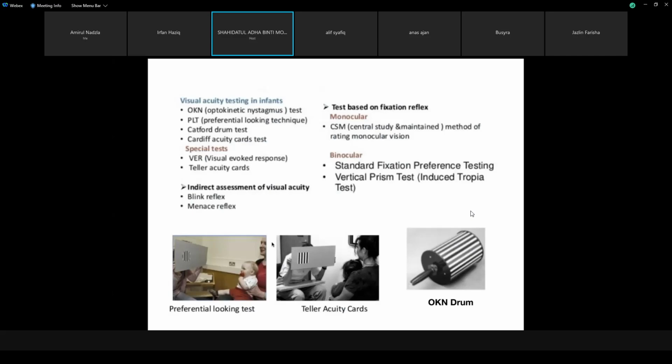So the visual acuity testing in infants. Infants means less than 1 year old. It means it's difficult to cooperate, they don't understand instructions yet. So we have this OKN, which is the optokinetic nystagmus test. So this OKN actually uses this drum. We will look at the nystagmus.